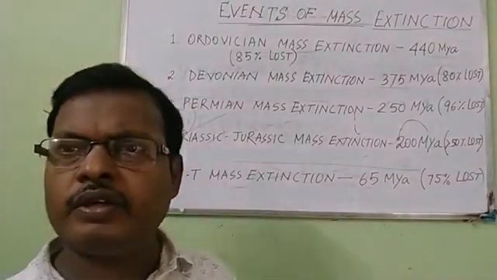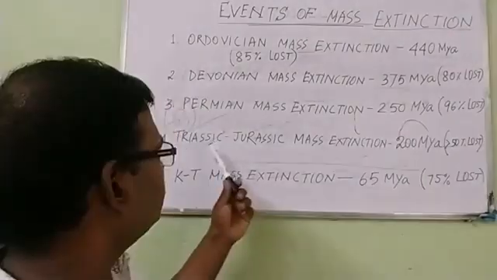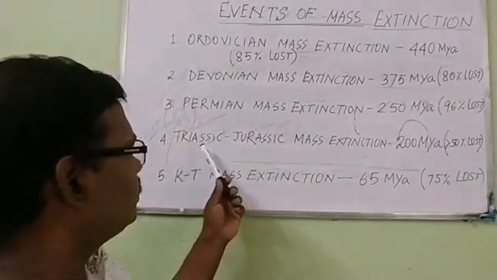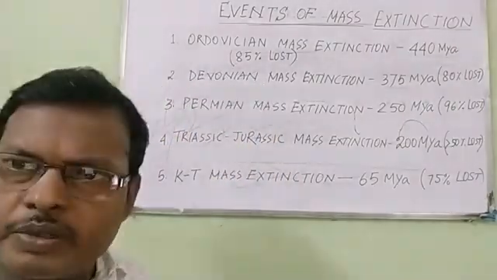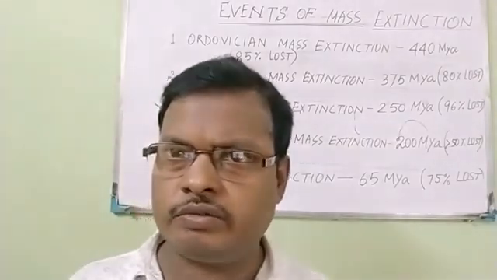During the middle of the Mesozoic era, or the transition between Triassic and Jurassic, a large number of species disappeared, mainly due to the domination of the dinosaurs.